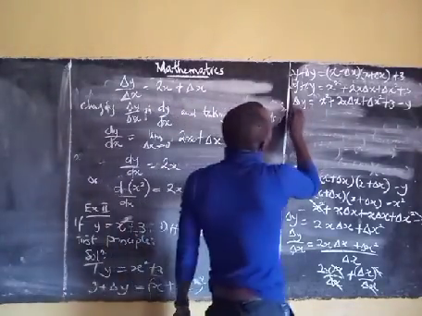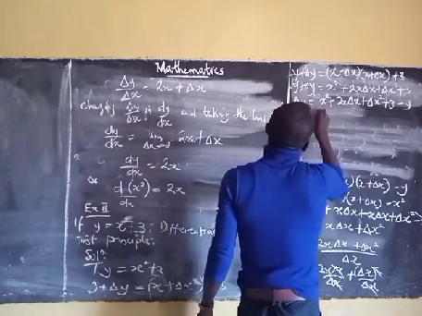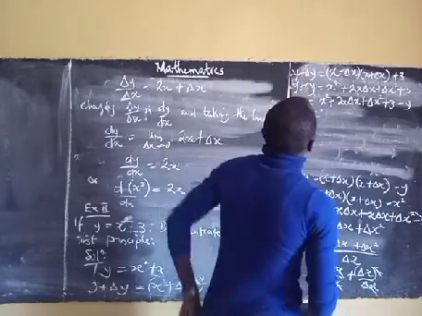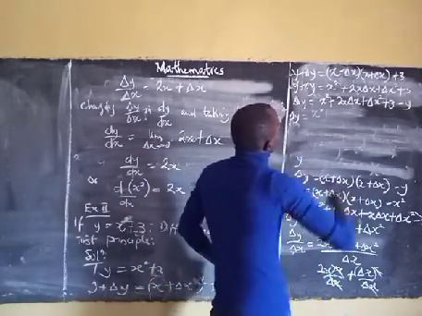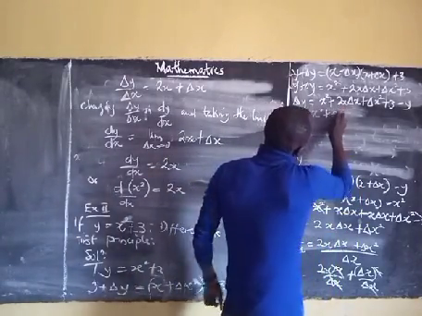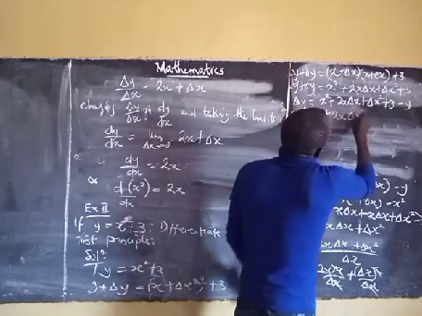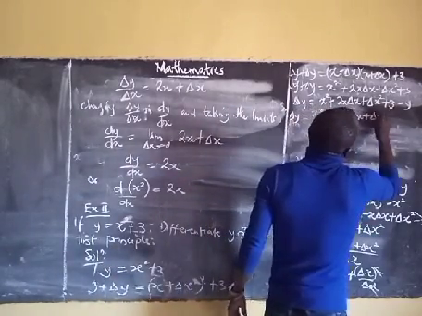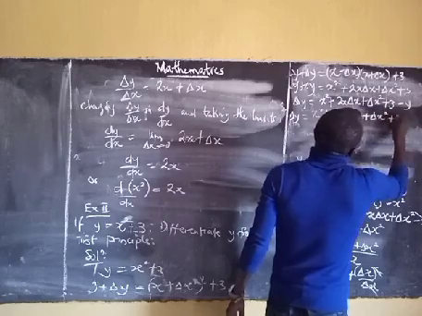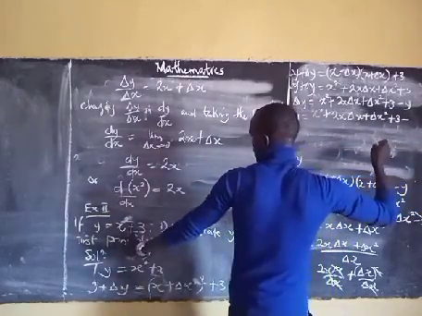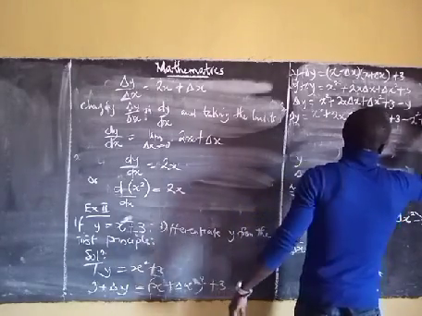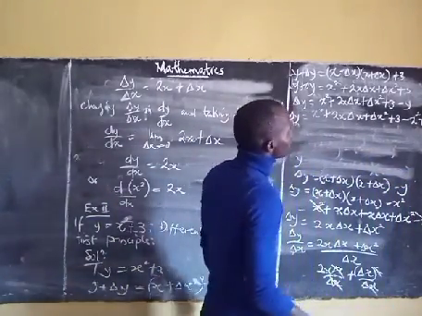So change in y equals x squared plus 2x delta x plus delta x squared plus 3 minus, in brackets, x squared plus 3.